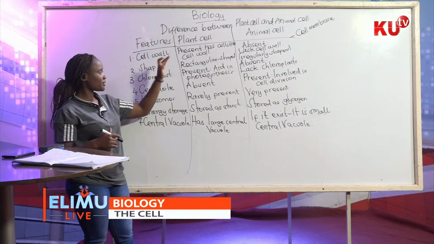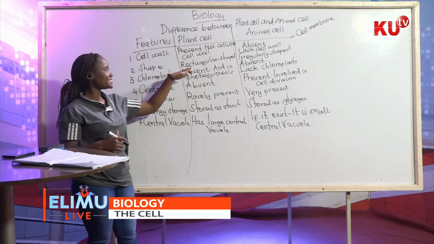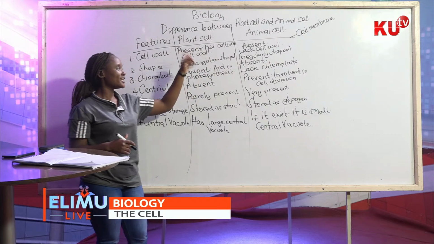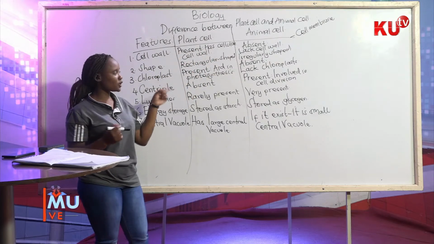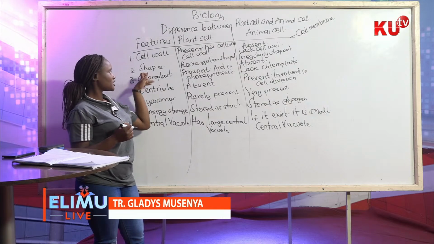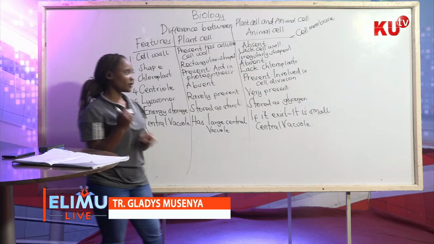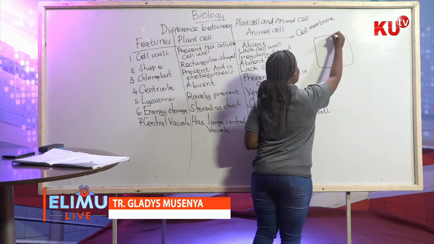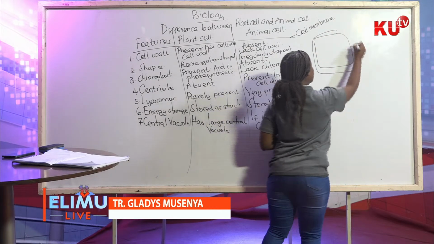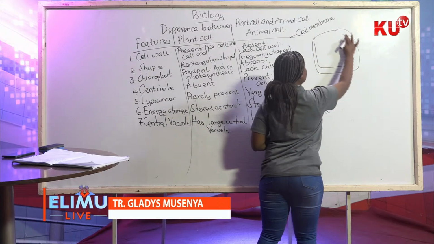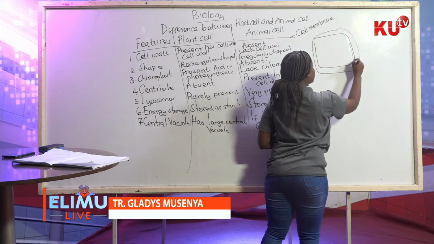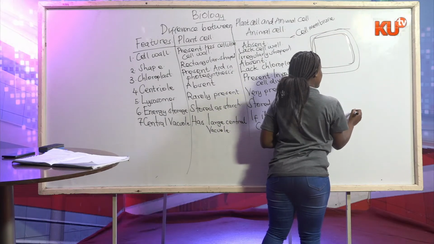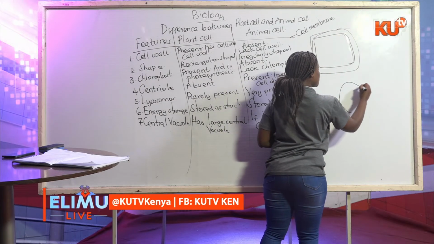Then in the shape, the plant cell is rectangular in shape, while in animal cell it is irregularly shaped. The shape of the plant cell is rectangular, it has these sides. That is the plant cell. And for the animal cell, it might come to this.